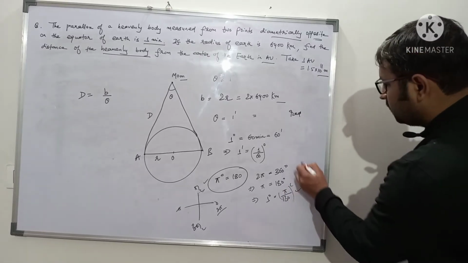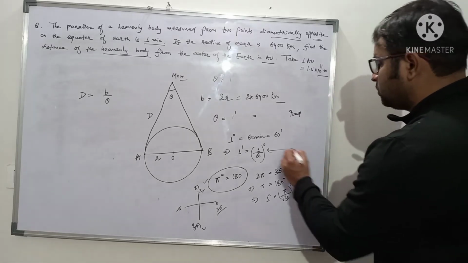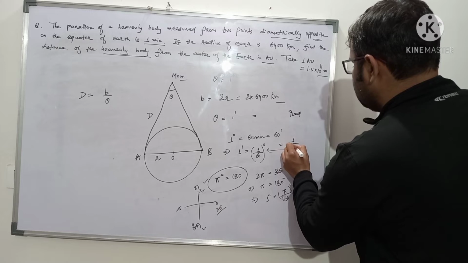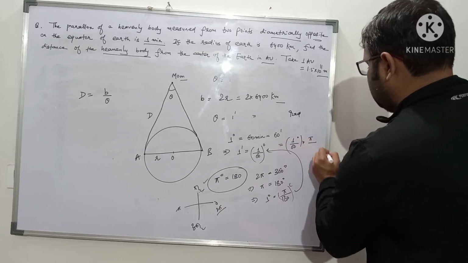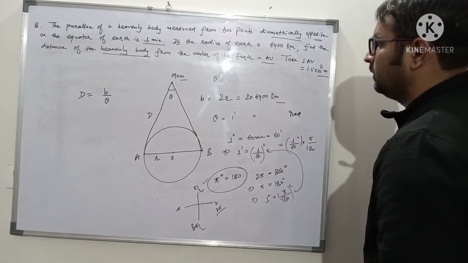Now we will put this value here and we will get 1 minute equals 1 by 60 degree into pi by 180. So this whole value is now in radian.